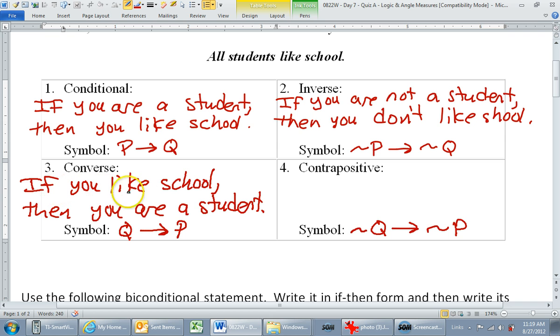So, instead of saying if you like school, I'm going to say if you don't like school, then you are not a student.